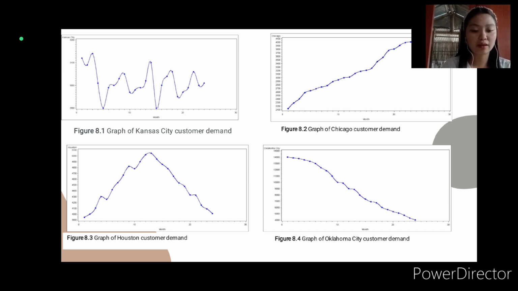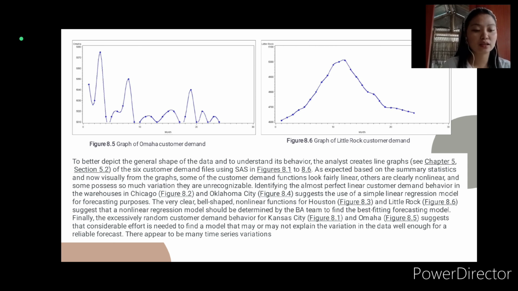Makikita natin dyan na yung figure 8.1 to 8.6 is the analysis uses SAS to build the line graphs of the 6 client demand files to better portray the basic structure of the data and comprehend its pattern.